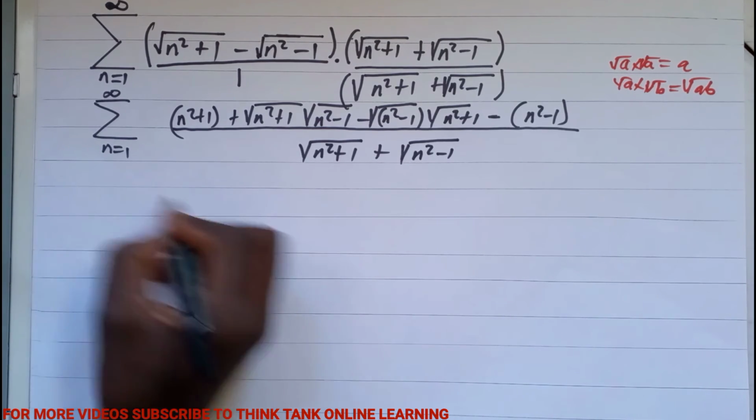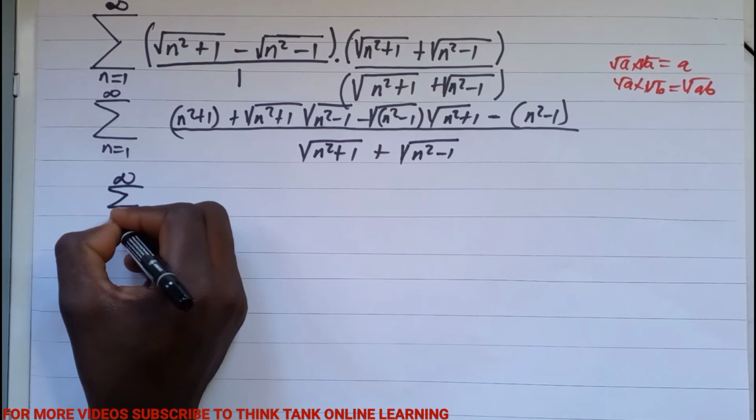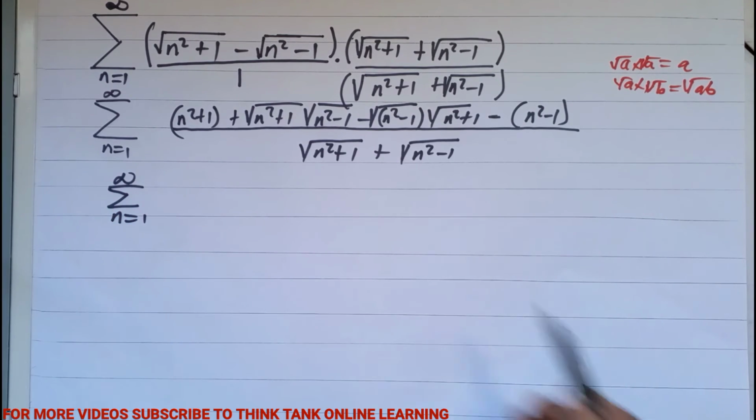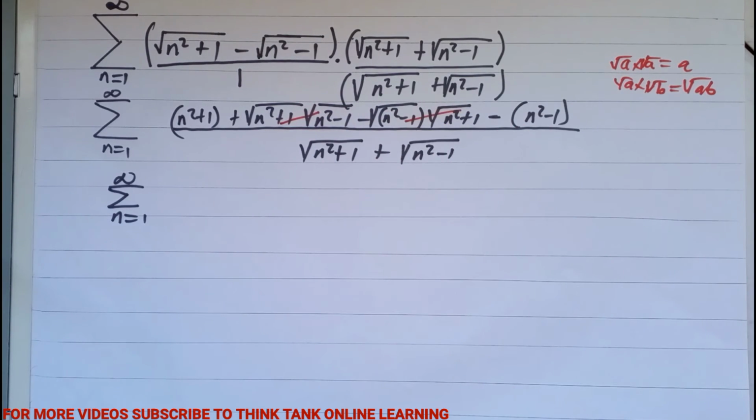Okay, that means our series is now, you can see if we add this one and this one, you get 0.